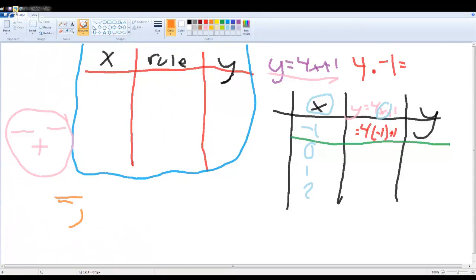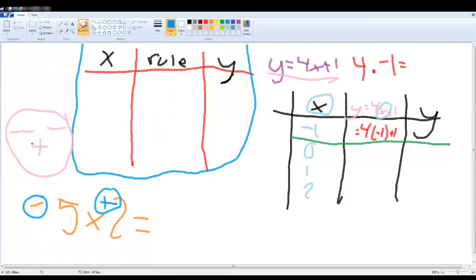Negative 5 times 2 equals, so let's not worry about this yet, just worry about the signs. The sign on this number is negative, and the sign on this number is positive.